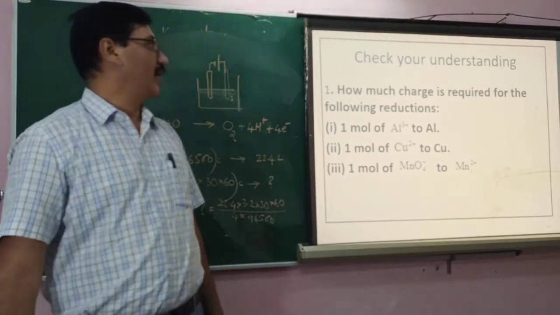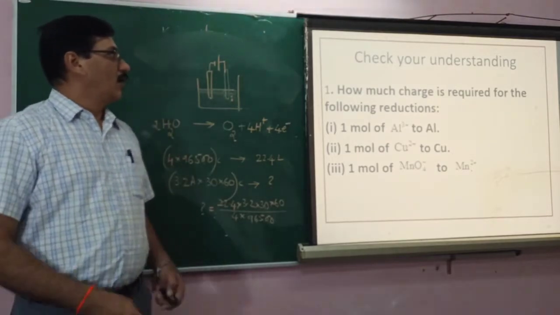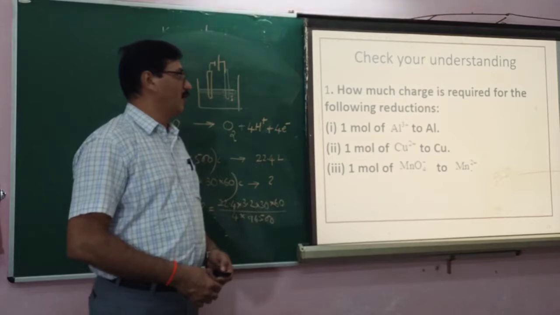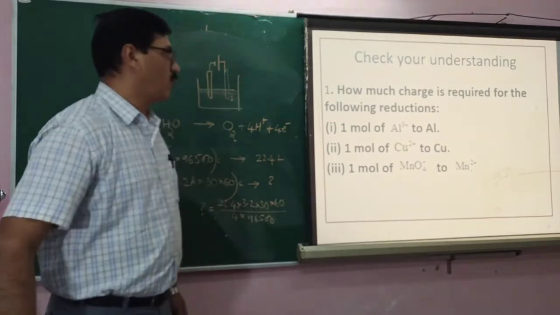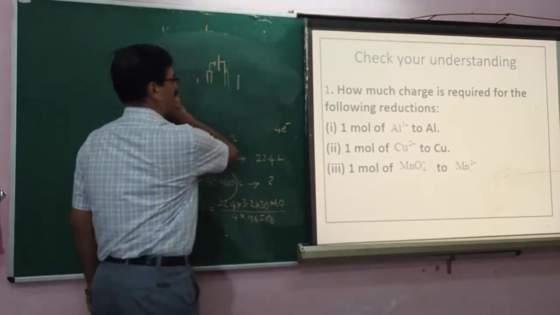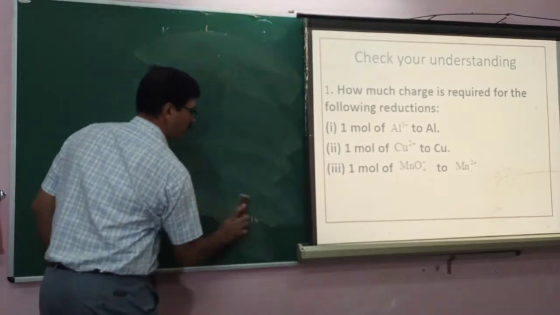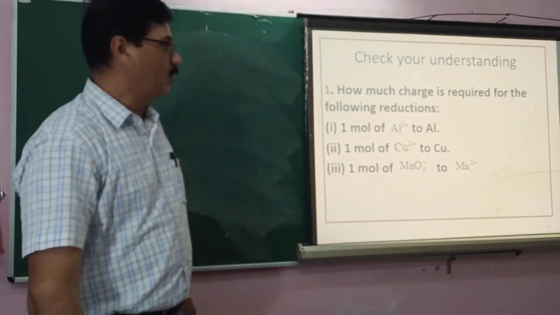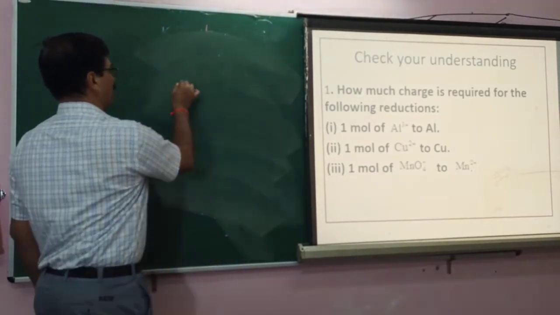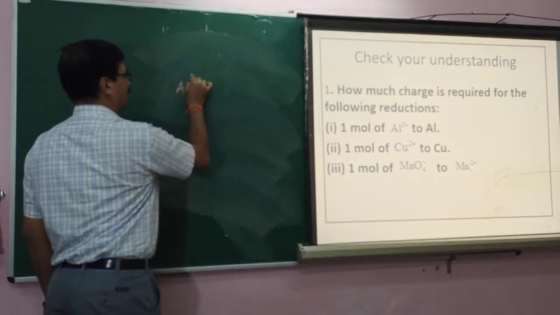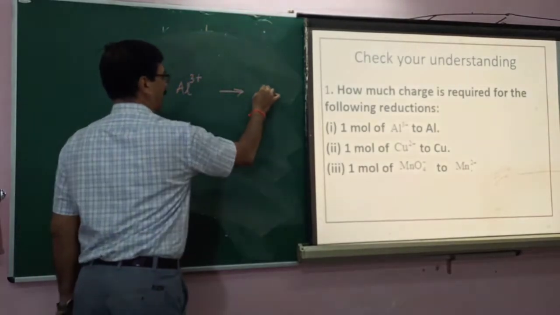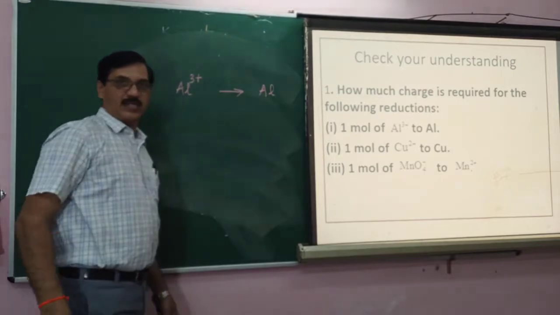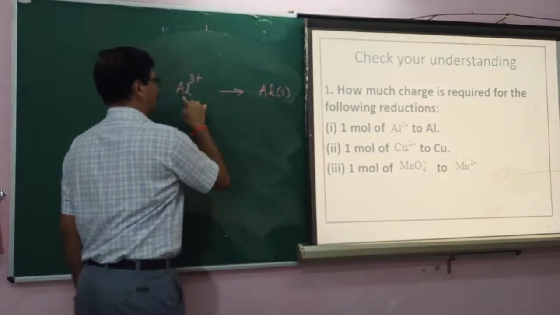Now let us check your understanding. How much charge is required for the following reduction? 1 mole of Al3 plus to Al. So the equation is to be written like this: Al3 plus to Al. Aluminium is solid, this is an ion.